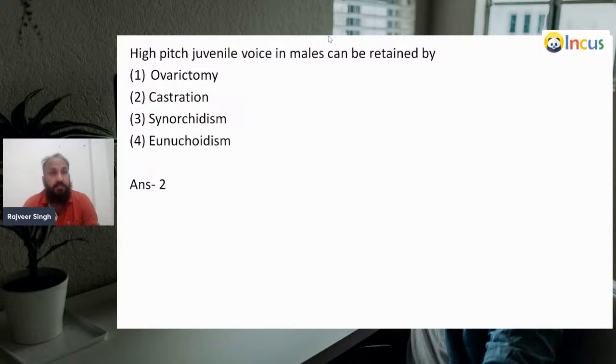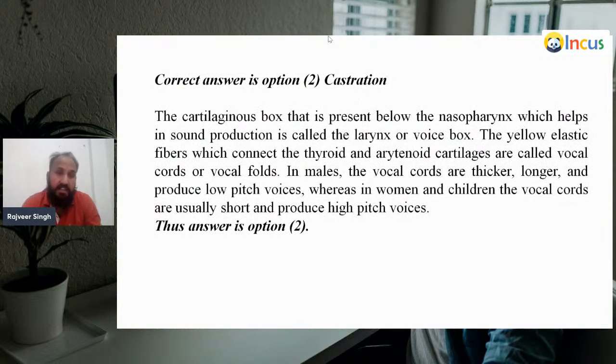Then next, the high pitch juvenile voice in a male can be retained by ovariectomy, castration, or other options. The answer will be second, castration. Because the cartilaginous box present below the nasopharynx, which helps in sound production, is called the larynx or voice box.